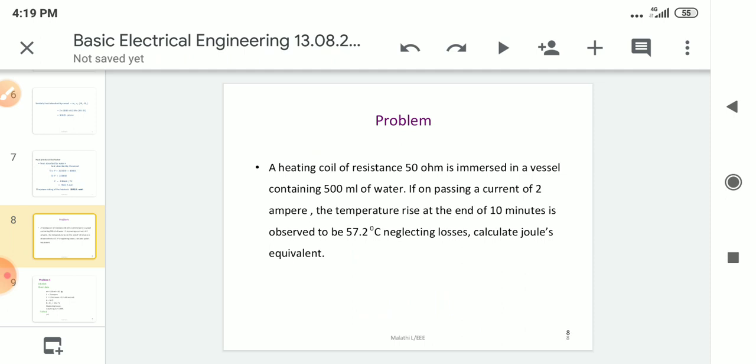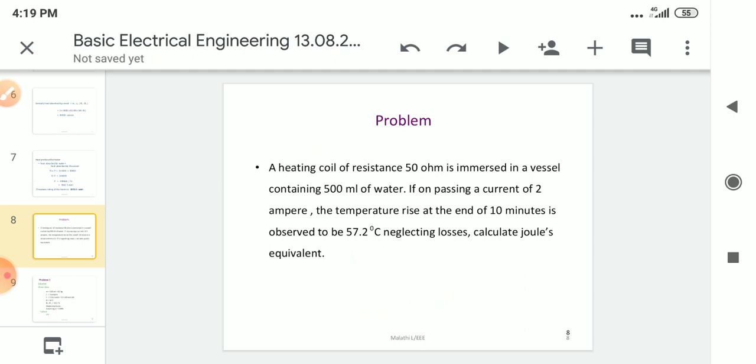Let me read the question one more time. A heating coil of resistance 50 ohms is immersed in a vessel containing 500 ml of water. A current of 2 amperes, and the temperature rise at the end of 10 minutes is observed to be 57.2 degrees.